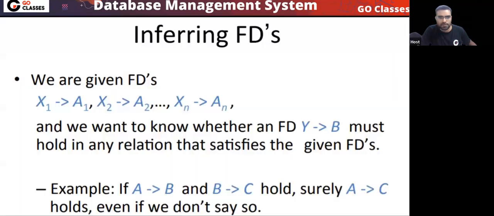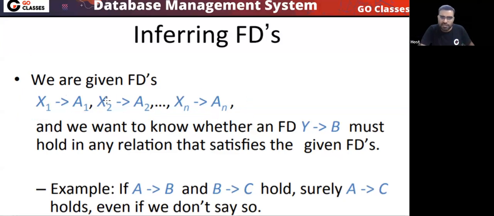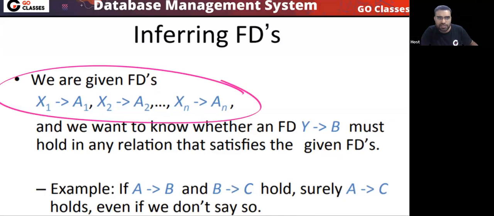So if some set of functional dependencies is given to you, what we want to find out is whether this functional dependency is derived from it or not. Let's assume there is a relation on which these FDs hold.